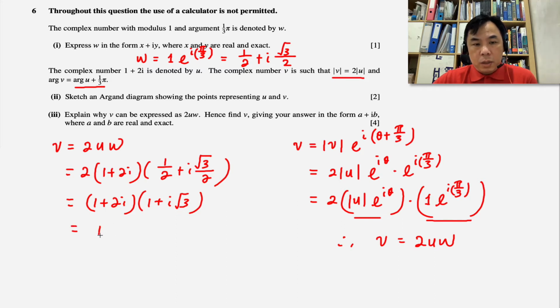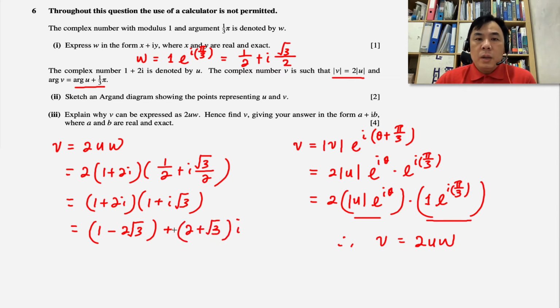That is 1 minus, I'll straight away combine the real parts together, I will get 2 root 3 here. And after that, I will have root 3, 2 plus root 3, i. And then there you have it. That is the complex number v in its rectangular form.